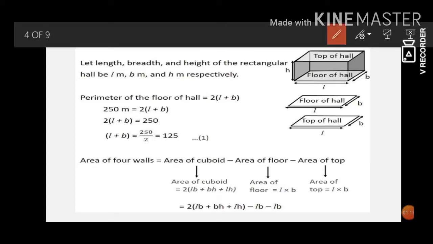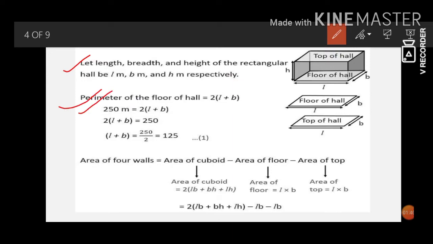So this is the diagram. The top of the hall and the floor of the hall will be excluded, as the area of the four walls is to be found out. So let us see the solution. Let the length, breadth and height of the rectangular hall be L meter, B meter and H meter respectively. In the question, the perimeter of the floor of the hall is given.